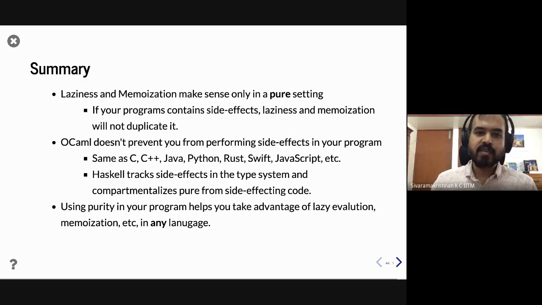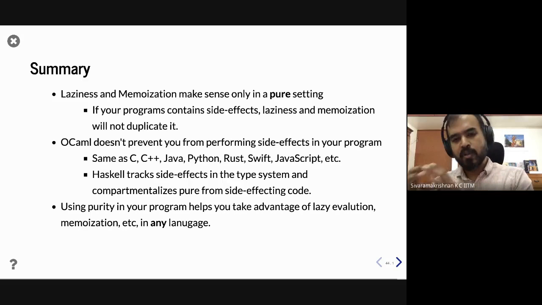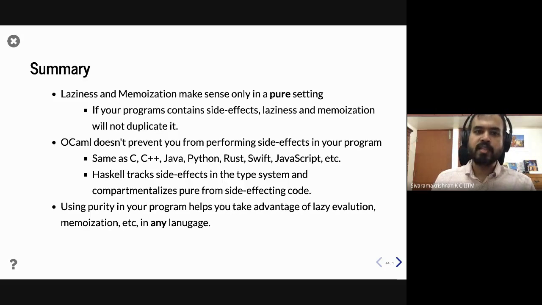You can have side effects anywhere, but partitioning your program into parts that use side effects and ones which don't is useful for reasoning, but also for using things like memoization and laziness. Of course, there are languages like Haskell which track side effects in the type system.